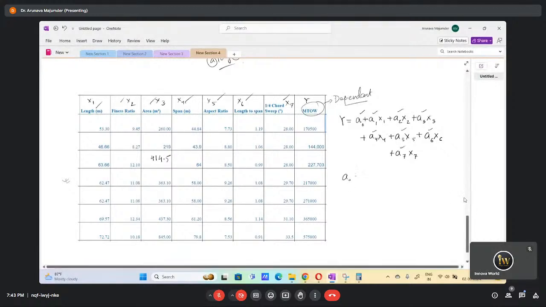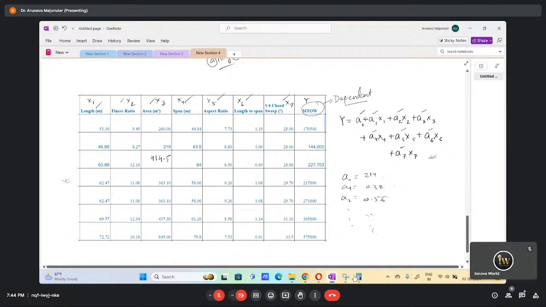Let us suppose different values, like 214 point something, 321 point something, 320.56, and so on. This should be our best fit model.